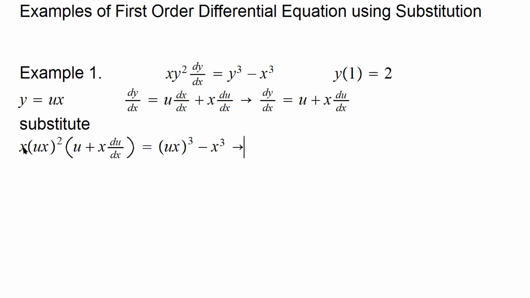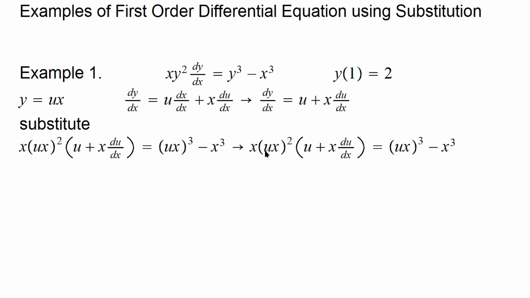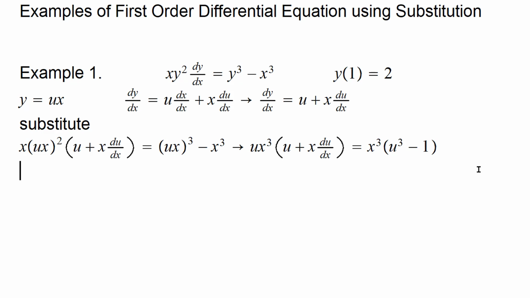So what we will get now is ux cubed here, and here x cubed can be factored, and you got u cubed minus 1. I hope I'm not doing algebra too fast or too slow, depending on who is listening. Now first let me fix a simple mistake here.